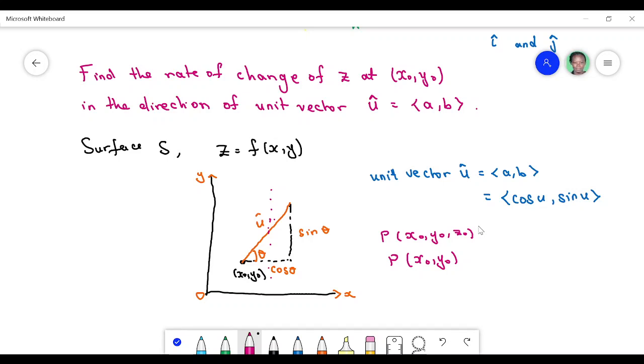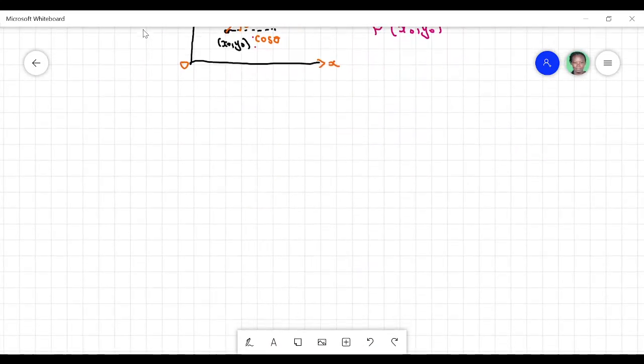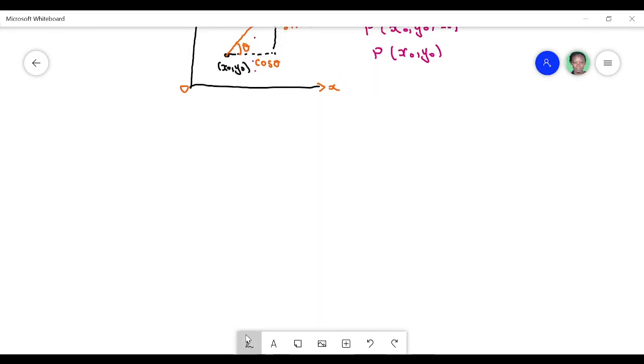So if I want to find the directional derivative, we now want to define what our directional derivative is.